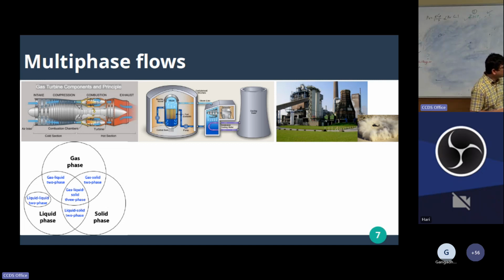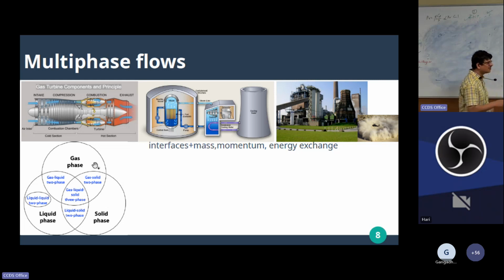Some people look at liquid, solid, and gaseous phases, for petroleum refineries and so on. The main thing in two-phase or multi-phase flows is that there are always interfaces. These interfaces, gas to liquid, and maybe liquid to solid to gas, also occur.